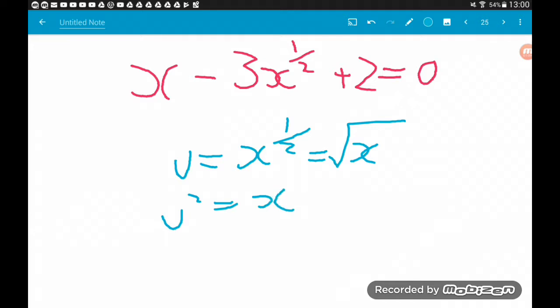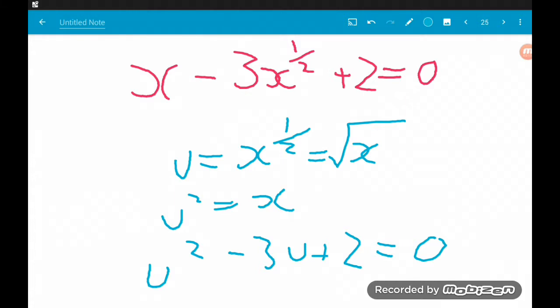If we now substitute that into our equation in terms of x, we've got x, which is u squared, minus 3 root x, so minus 3u, and then plus 2, equals 0. Now by using this substitution, we have a quadratic equation that we can factorise and solve for u. Then when we've solved it for u, we can solve it for x.